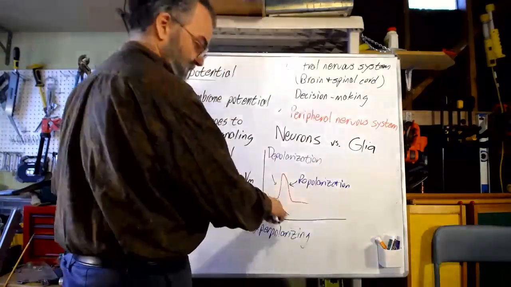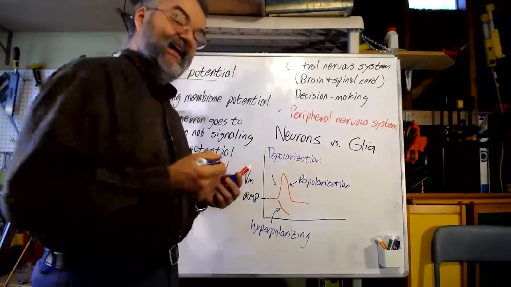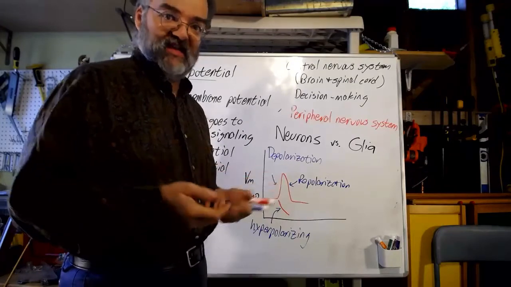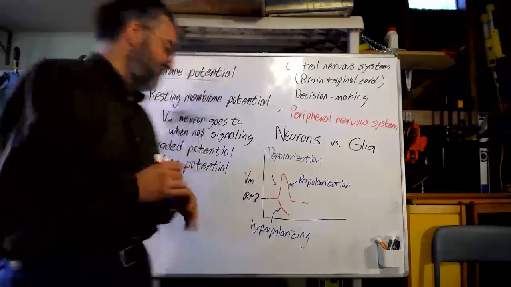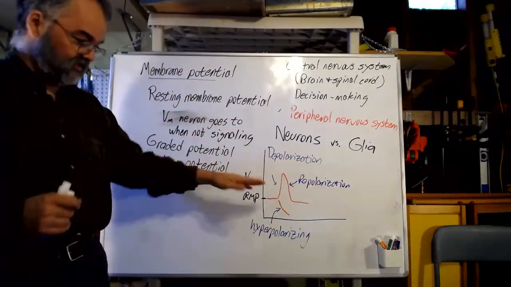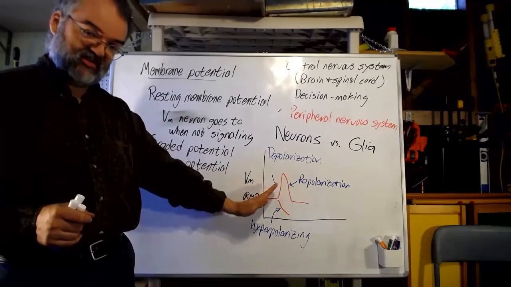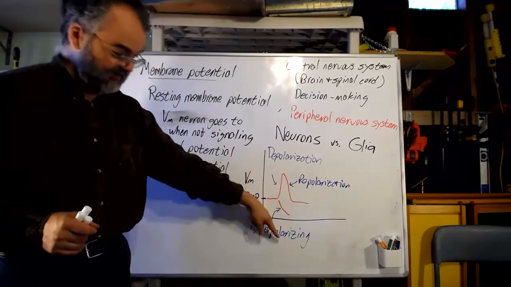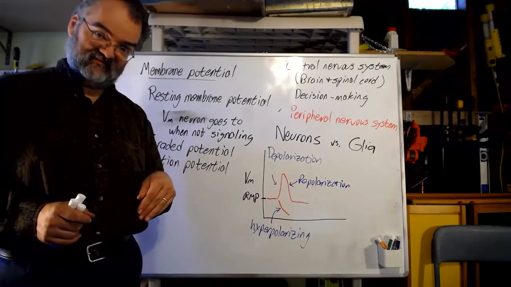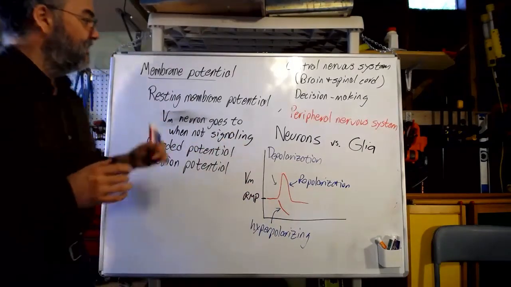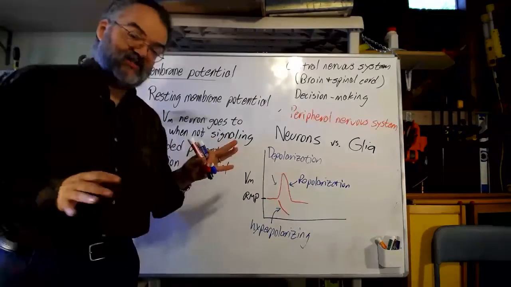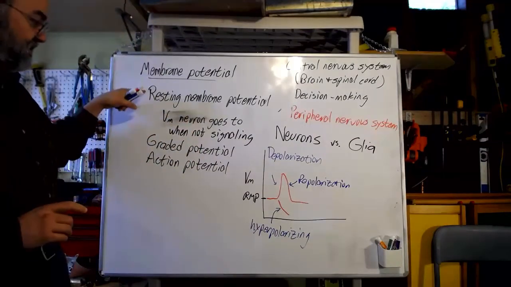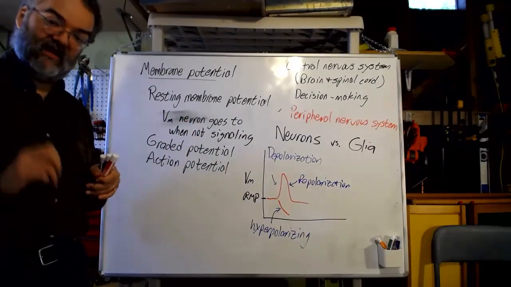Now, after hyperpolarizing, what do we call that? I haven't actually heard a consistent term for it. We'll say going back from being hyperpolarized, maybe. In any case, there's some terminology you need to know. A membrane potential change that is going positive, we generally call depolarizing. Negative, we call hyperpolarizing. That should about do it for the stuff you need for the basics. So in the next part of this lecture, we're going to start talking about these things: resting membrane potential and graded and action potentials.